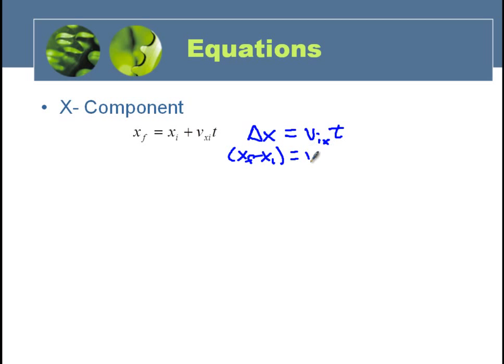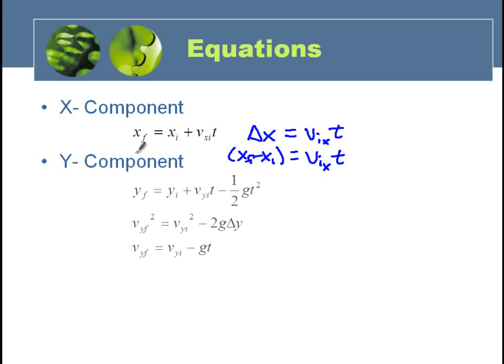This is the only equation you're ever going to have to use in the x direction. That means most of your work is going to be done in the y direction. And those are just the same equations from your free fall. So remember, y final minus y initial is your delta y. So it's just the same free fall equations.